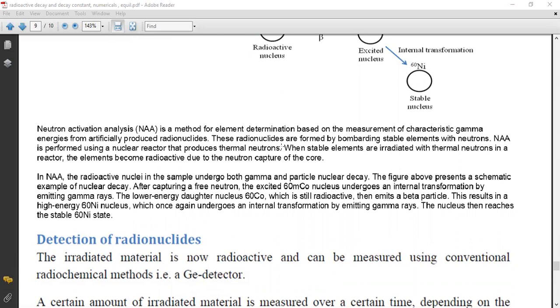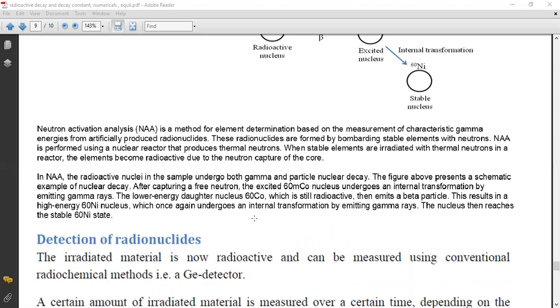The figure above presents a schematic example of nuclear decay. After capturing a free neutron, the excited cobalt 60m nuclei undergo an internal transformation by emitting gamma rays. The lower energy cobalt 60, which is still radioactive, then emits a beta particle. This results in a high energy nickel 60 nucleus, which once again undergoes an internal transformation by emitting gamma rays.